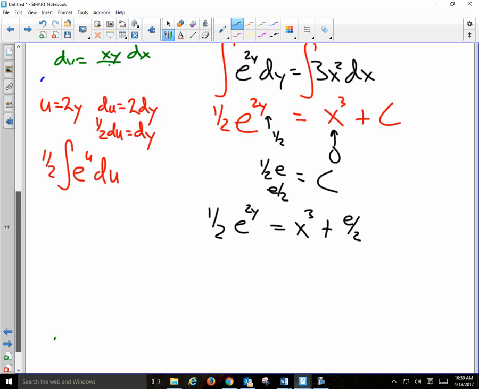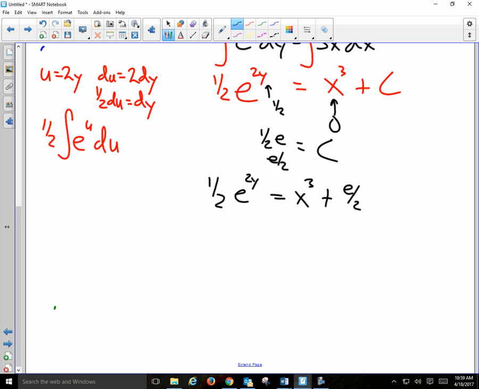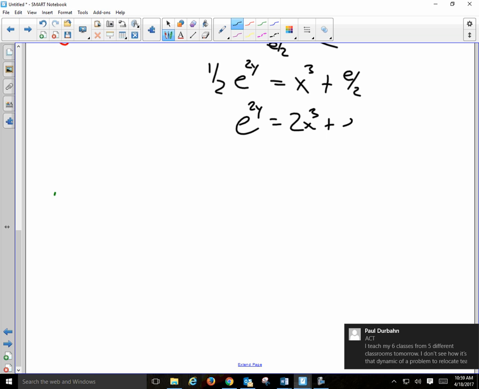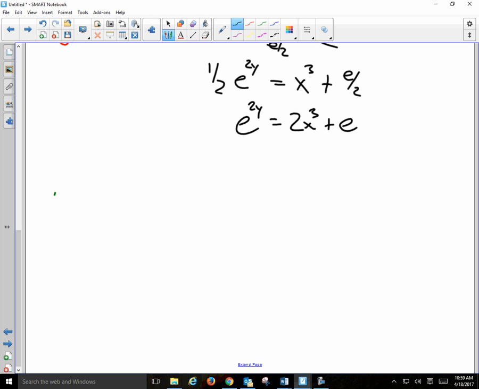What to do, what to do. Multiply through by 2: e to the 2y is equal to 2x cubed plus e. Then natural log of both sides. 2y equals natural log of 2x cubed plus e.